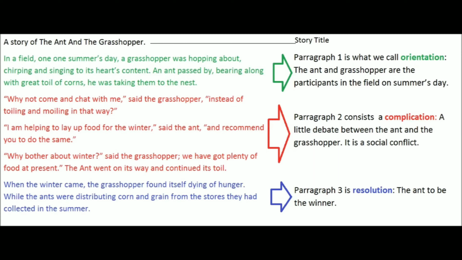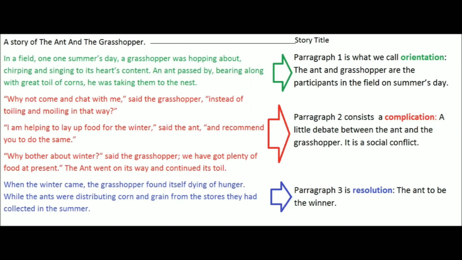"Why bother about winter?" said the grasshopper. "We have got plenty of food at present." The ant went on its way and continued its toil. When the winter came, the grasshopper found itself dying of hunger, while the ants were distributing corn and grain from the stores that they had collected in the summer.